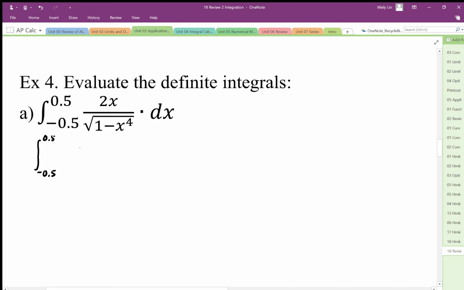And I have my 2x over square root 1 minus x squared squared.